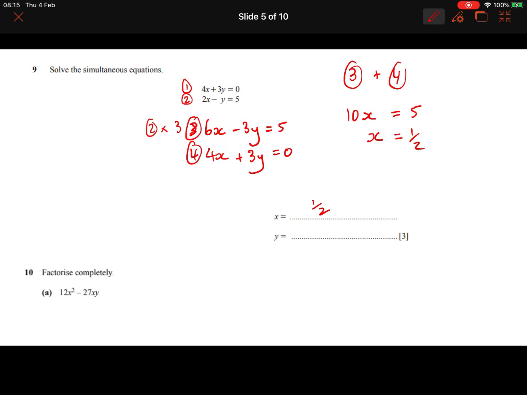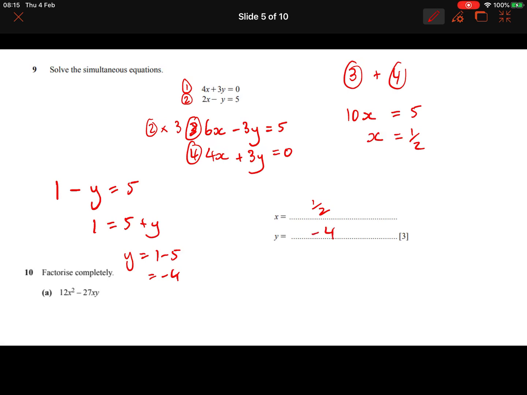So we're going to substitute back into any of those equations, and I'm going to pick equation 2, because 2 times x, 2 times a half, is just 1. So 1 minus y is equal to 5. So solving that equation, 1 is equal to 5 plus y. Y is equal to 1 minus 5, which is negative 4. Y is equal to negative 4.